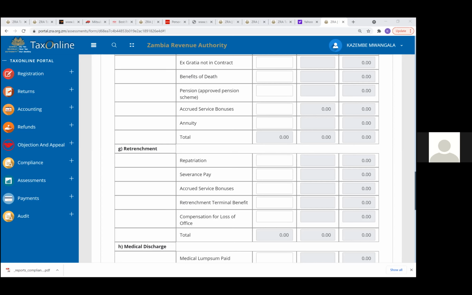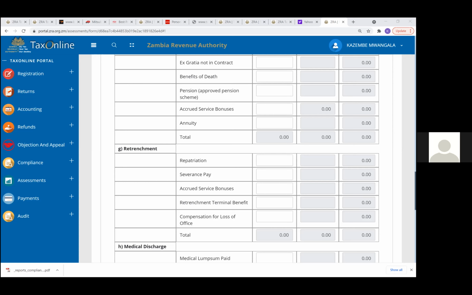Section 71 says that on the making of any payment of or on account of any emolument, tax shall, subject to and in accordance with the regulations made by the minister, which is SI 50 of 2014, be deducted or repaid by the person making the payment.